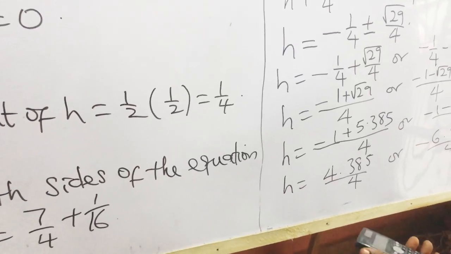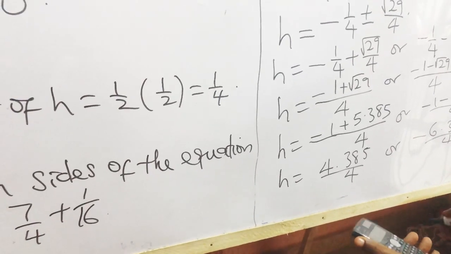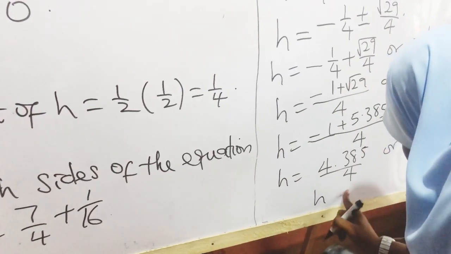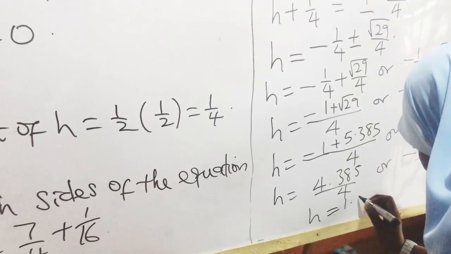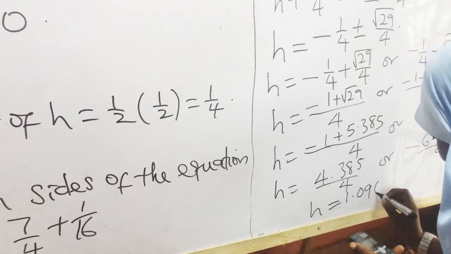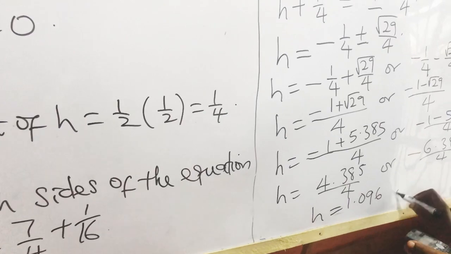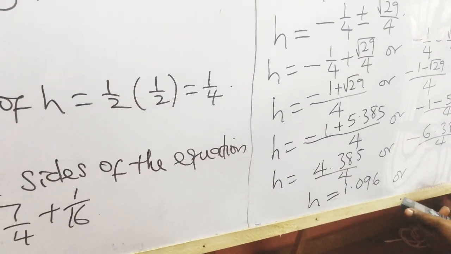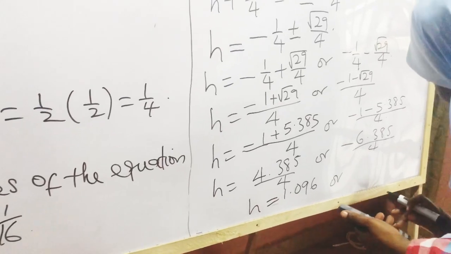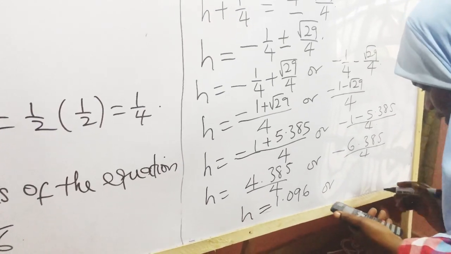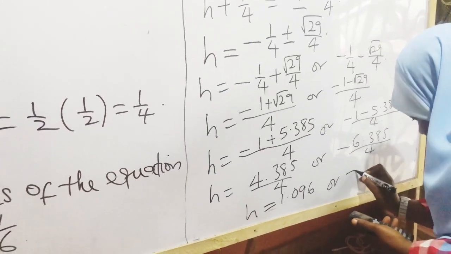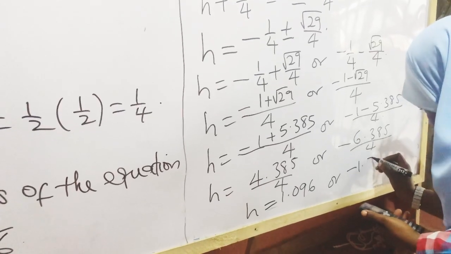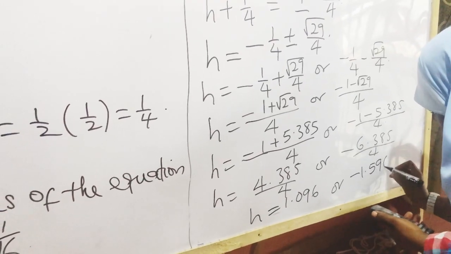4.385 divided by 4 is equal to 1.096, or minus 6.385 divided by 4 is equal to minus 1.596.